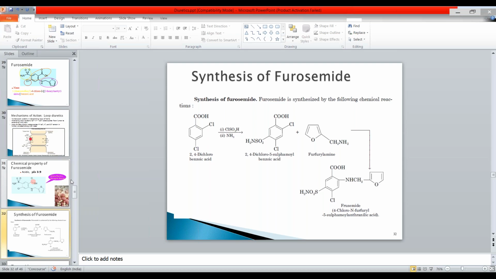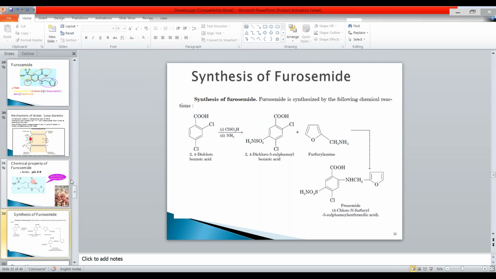Uses. It is used in the treatment of edema, which is caused due to congestive heart failure, nephrotic syndrome, and cirrhosis of liver.